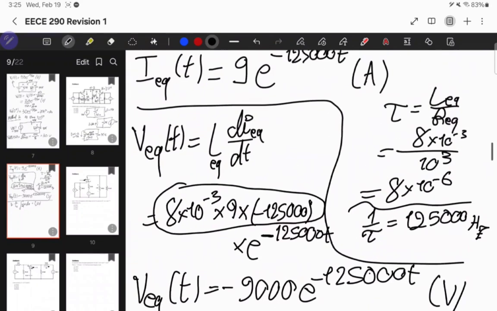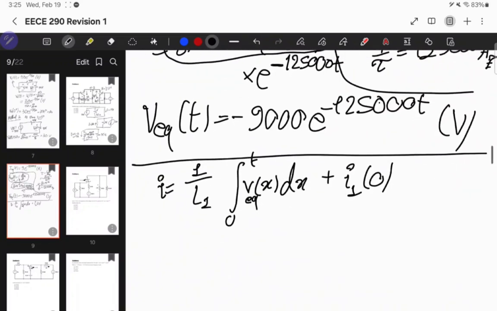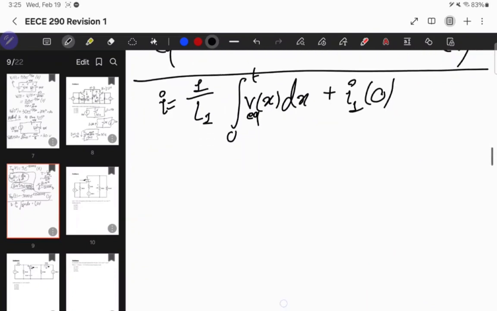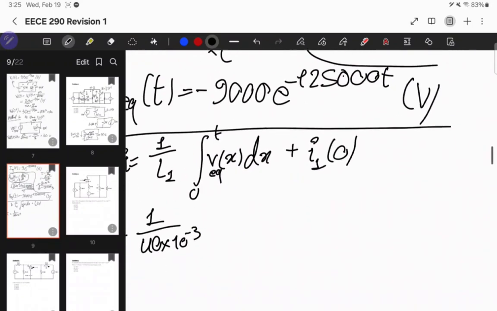From v equals L di by dt, if I want the current, I move L to the other side and then do an integral. So 1 over L times the integral of v, plus some initial condition, which is the constant of integration, a boundary condition. So it is 1 over 40 times 10 to the minus 3 times the integral, which I'll do immediately.